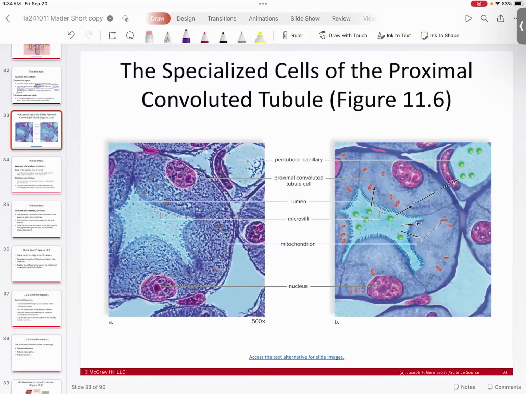So here's kind of what the proximal convoluted tubule looks like. So it's cross section. So you can see this kind of large, kind of cuboidal looking cell here. And then you can see these little hairs right here. Those are the microvilli. And then inside is basically what we refer to as the filtrate. That is what's going to become the urine once everything is picked and chosen.